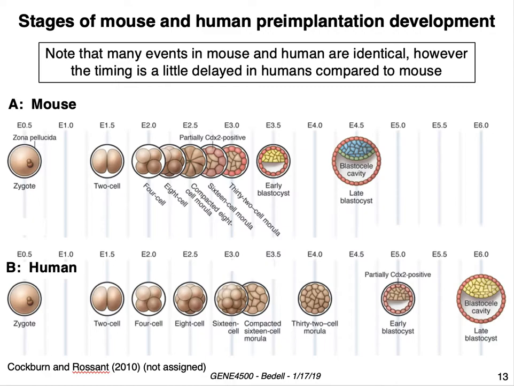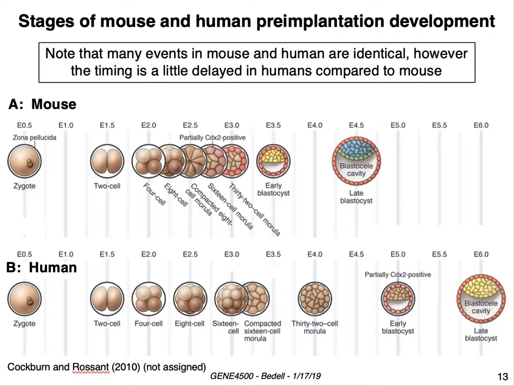Virtually identical cellular events take place in human versus mouse, but the timing is slightly delayed in humans. Okay. Now, if you took any placental mammal, rabbit, dog, cow, pig, it'd be essentially the same. Again, timing would be different, but essentially the same thing would be taking place in any placental mammal.